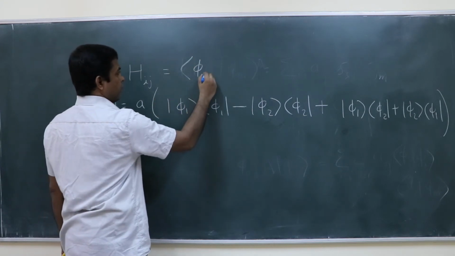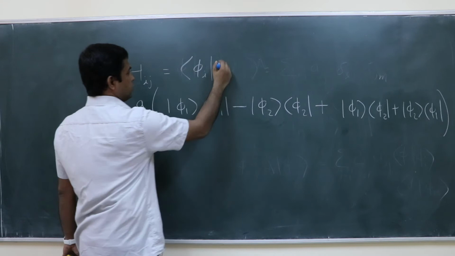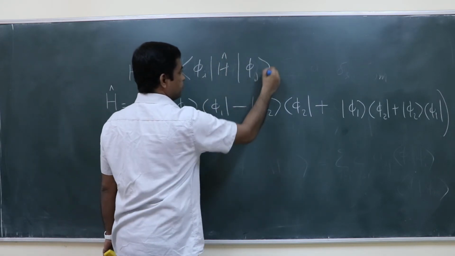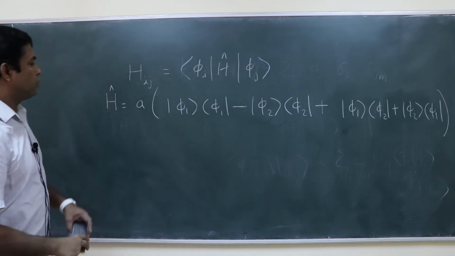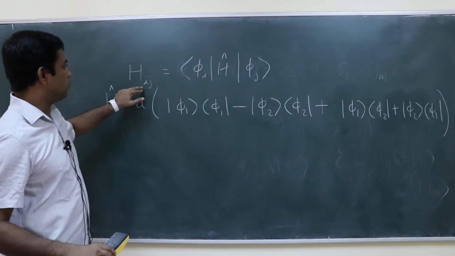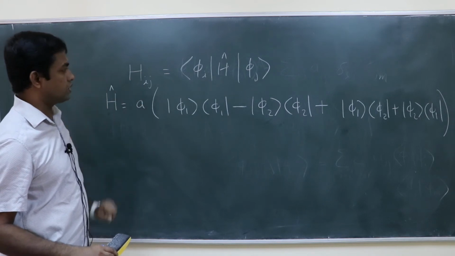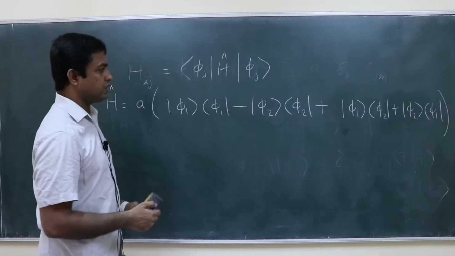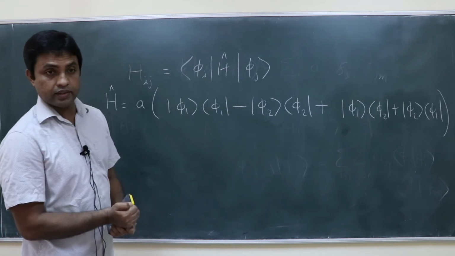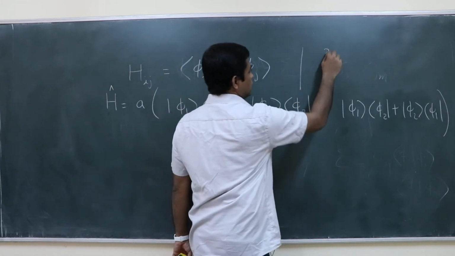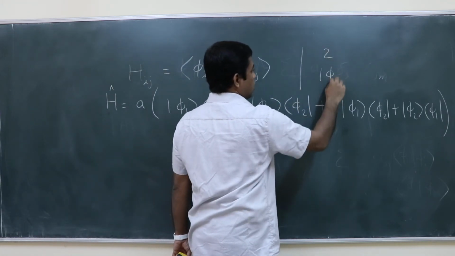Bra phi i, H operator, ket phi j. If you do this, you get the matrix elements of the matrix H. So the question is how many phi i's are there? My dimension of the space is 2. So it's 2.